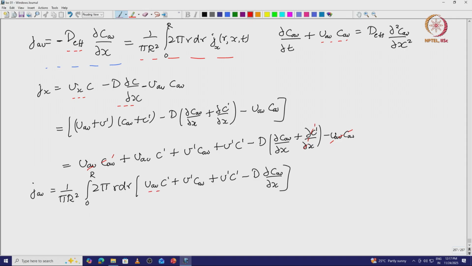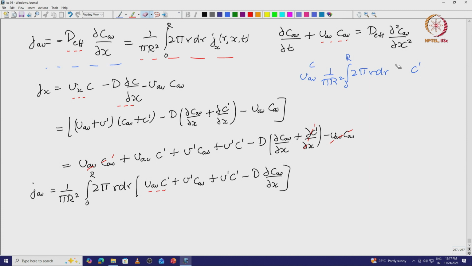Now, consider this term. V average is a cross sectional averaged velocity. If you consider this first term here, 1 by pi r square integral 0 to r 2 pi r dr into V average c prime: V average does not vary with r, it is cross sectionally averaged. Therefore, I can take this term out of the integral and write this as V average times the integral of c prime over the cross section.